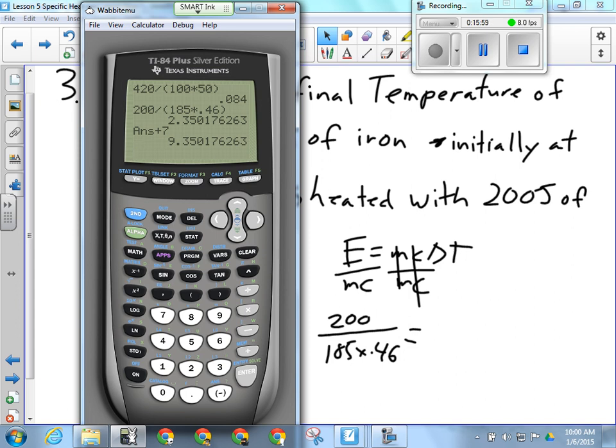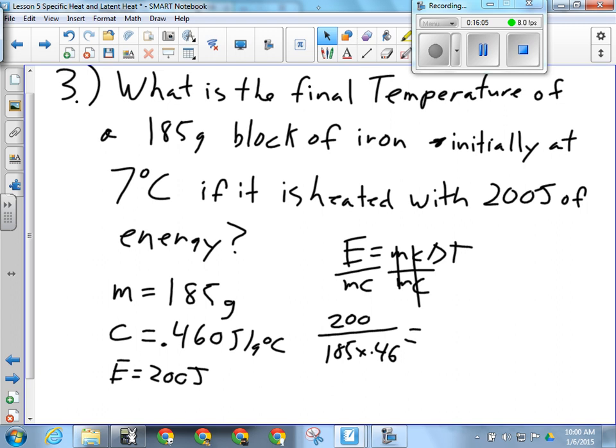The answer to that is yes, you can. 2.35 plus our initial temperature gives us 9.35 degrees Celsius as our final temperature. Everybody good with that? Then you would subtract, yeah.